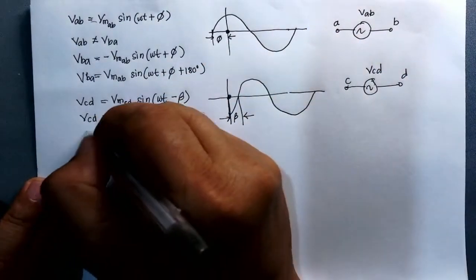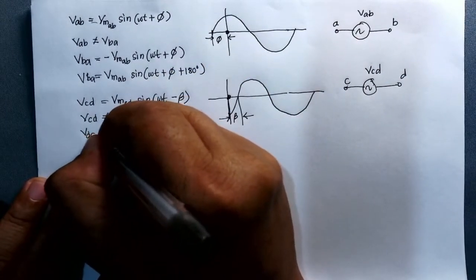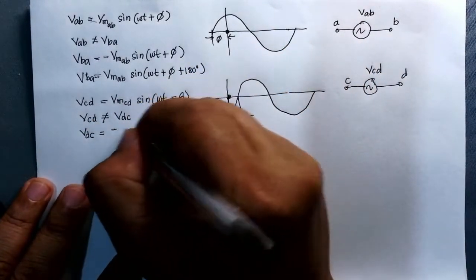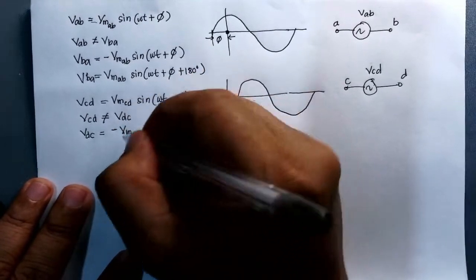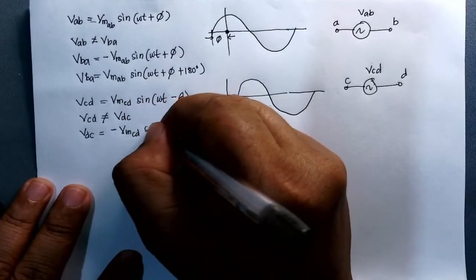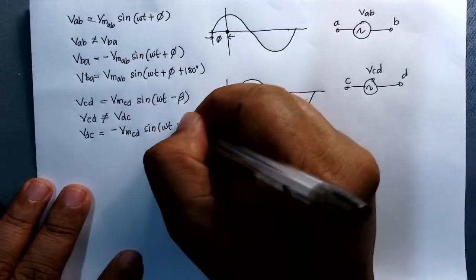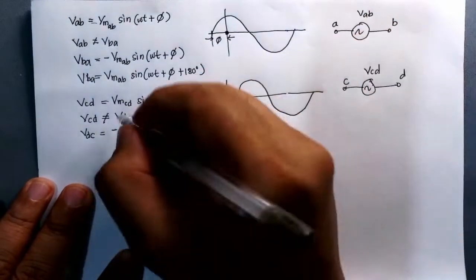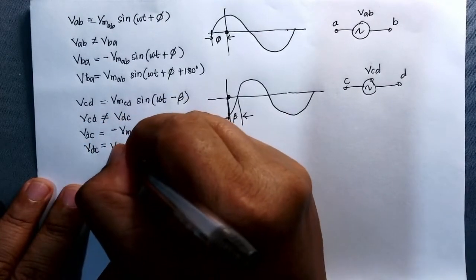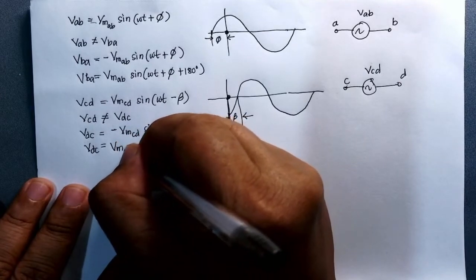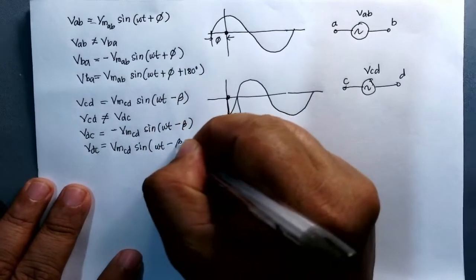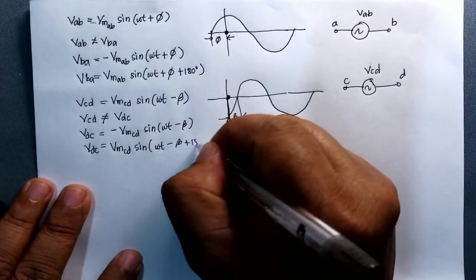So to be able to make V sub DC using the value of V sub CD, we introduce a negative before the maximum value CD sine omega t minus beta. Now if you want to remove the negative here and make it positive, V sub DC is positive V sub M CD sine omega t minus beta, and let us introduce 180 degrees.